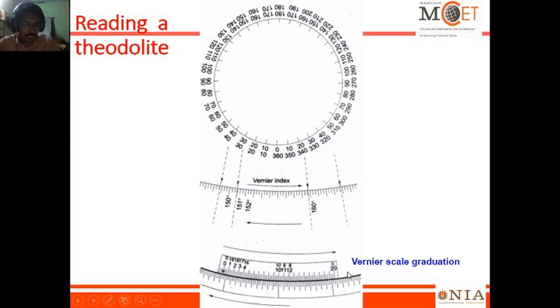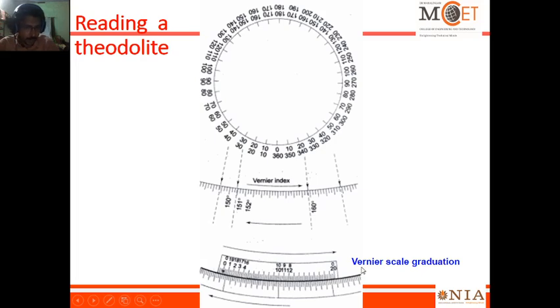See here also some numbers are given, 0, 1, 2, 3 up to 20 only is available. From that you have to remember that each 20 minutes in the main scale is split into 20 divisions, so here each is 1 minute. If it is 0 minute, here it is 1 minute, 2 minutes, 3 minutes, 4 minutes, right?